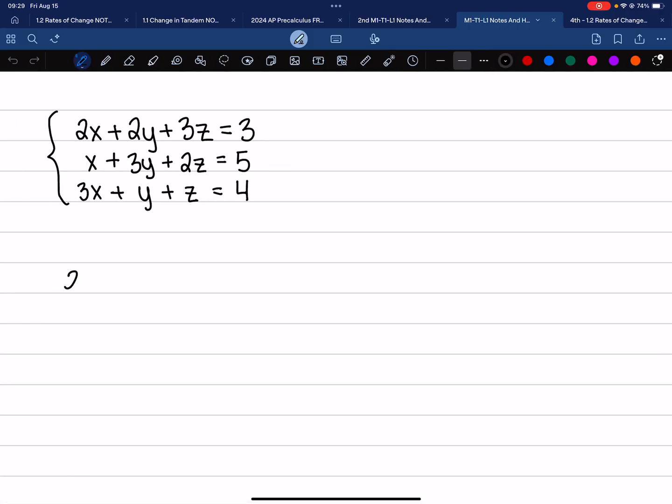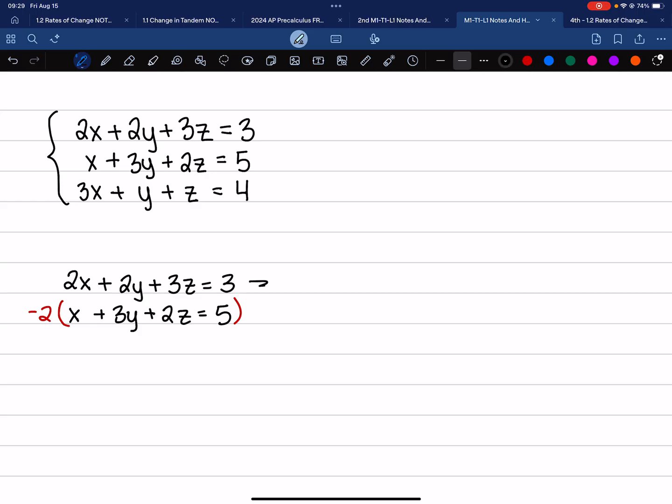So we have 2x plus 2y plus 3z equal to 3. Then we have x plus 3y plus 2z equal to 5. We want to cancel out the x variables. So we're going to multiply this equation by a -2, so that the x can be canceled out with that positive 2x.